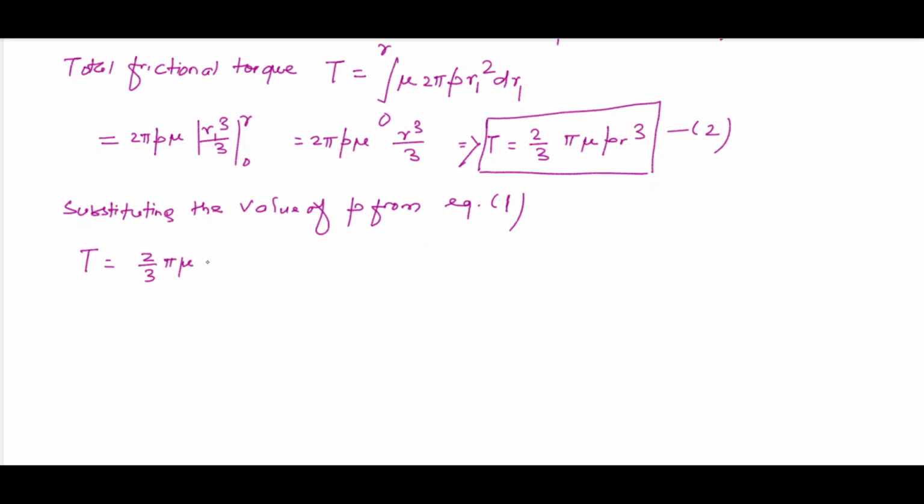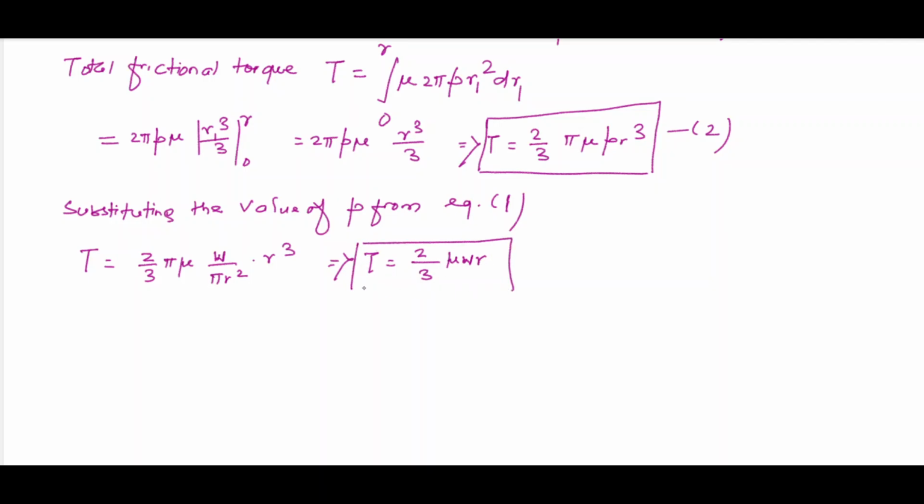Instead of this p, we can write W by pi r square, into r cube. So this T can be represented as 2 by 3 mu W R.